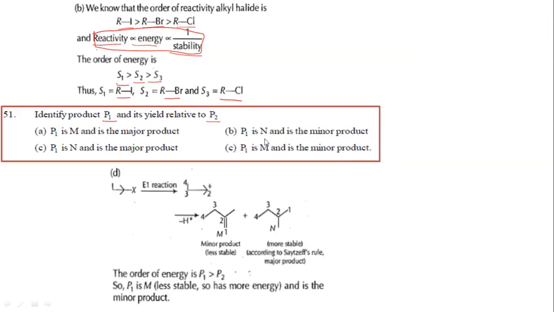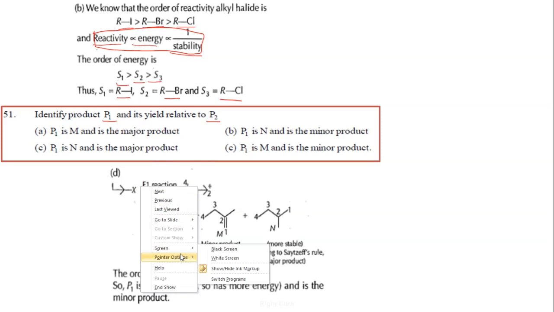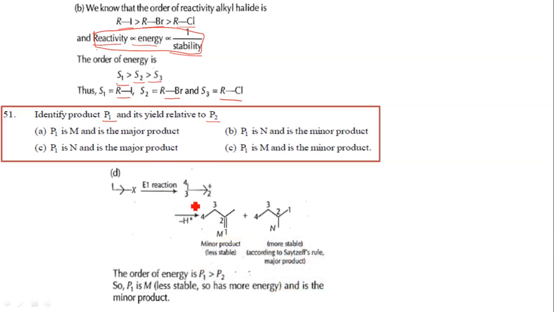Here you see an alkyl halide E1 reaction gives this product. There are two products formed, P1 and P2, M and N. Among these, one is a minor product, less stable, and the other is the major product, more stable, according to the Zaitsev rule.